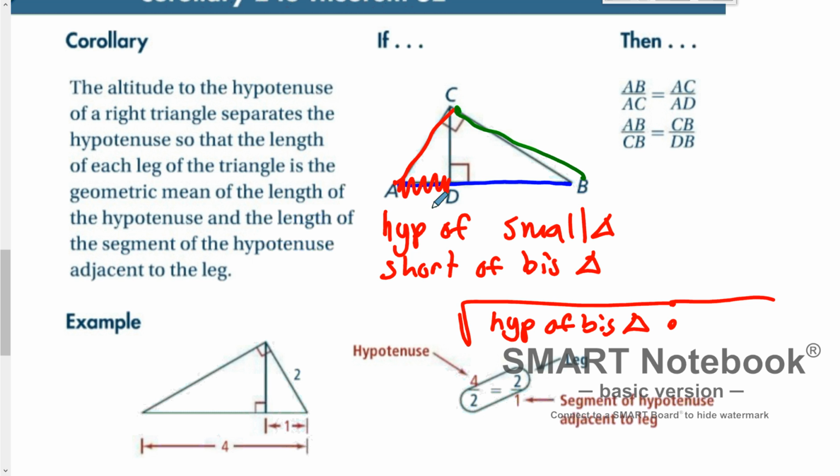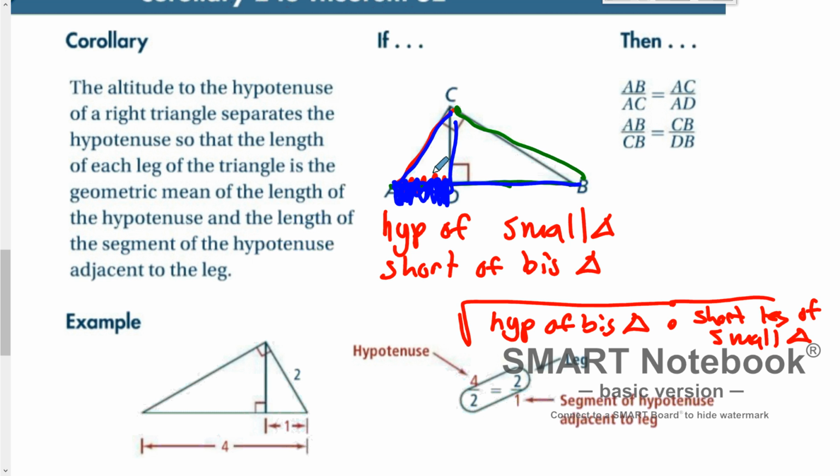Okay, so the short leg of the small one. Okay, so that's how you find it. So you notice that I'm only dealing with the hypotenuse of the big one, right? So I'm taking the full hypotenuse of the big one and only the section that I want of the smaller triangle.